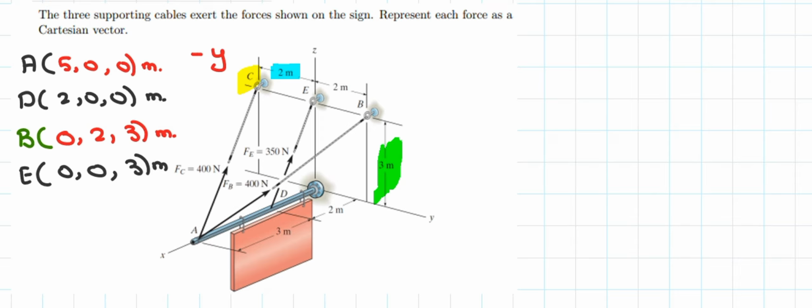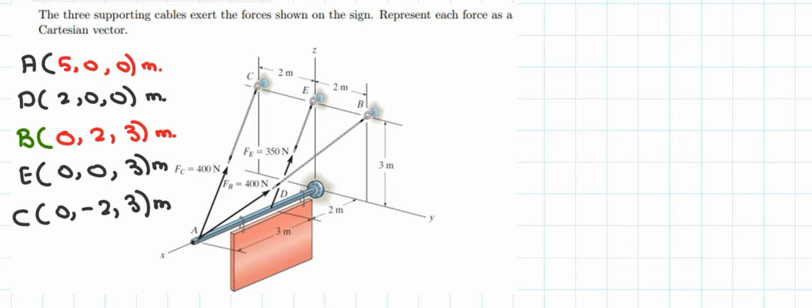That's why it is positive. Now the location of point C is written as (0, -2, 3) meter. Now, as always, our first agenda is completed: to write down the location of every single point present in our diagram. Now let's talk about the position vector.